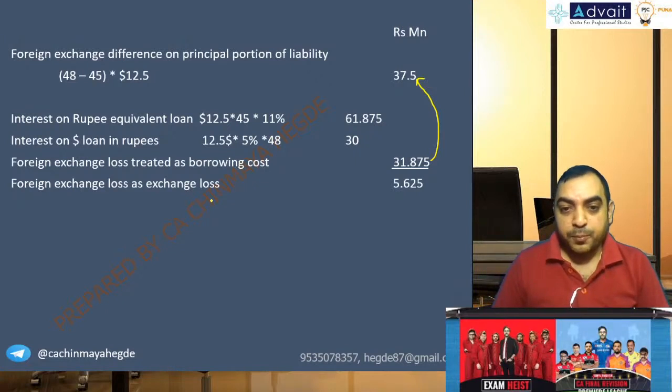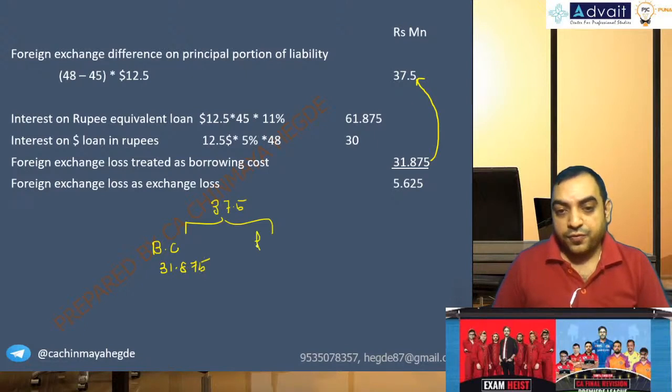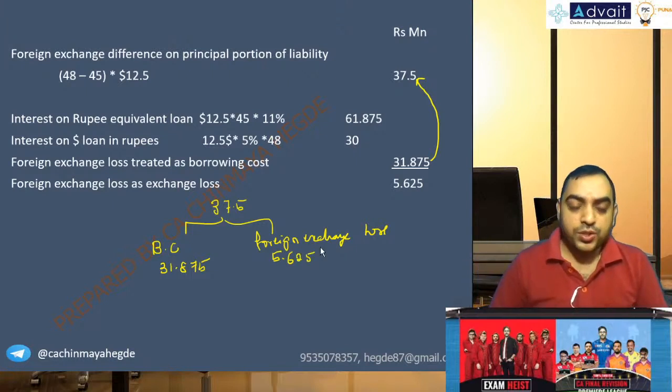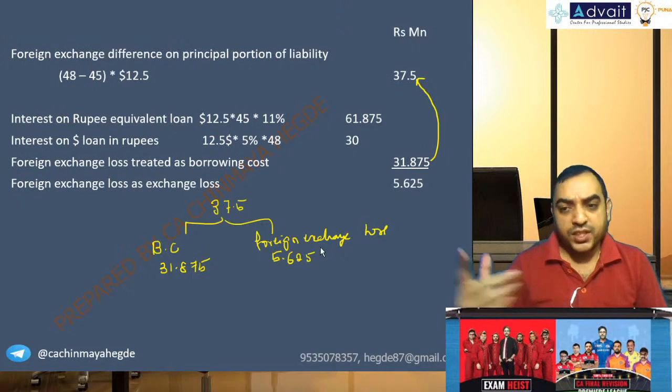So out of 37.5, we are going to report the borrowing cost as 31.875 and foreign exchange loss of 5.625. So this is what it is all about. If you have any question up to this stage, please ask, else we'll go further.